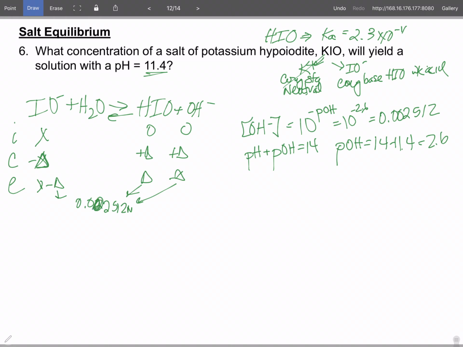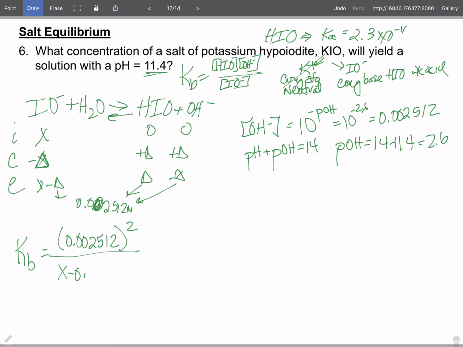Okay, so that means that my Kb, and it is a Kb because we have a hydroxide, is going to be equal to 0.002512 squared, because that's our Kb is HIO times OH minus divided by IO minus. And so it's equal to X minus 0.002512.